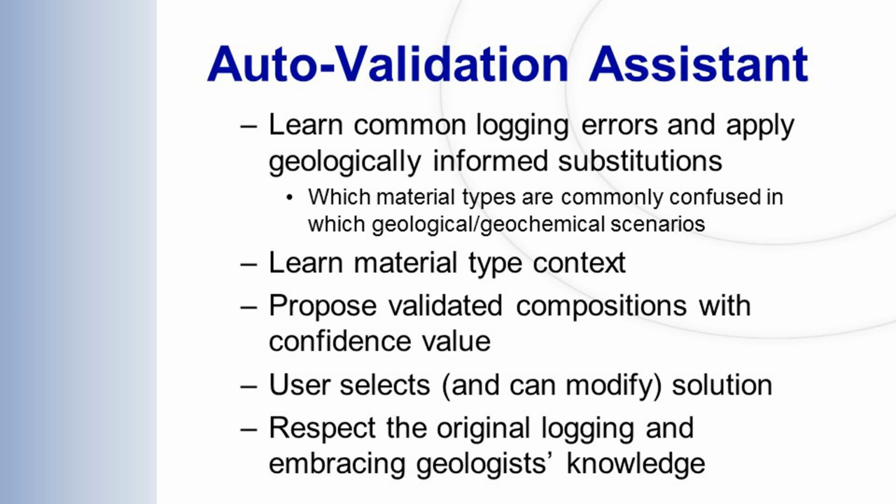The confidence value basically ranks the different compositions based on the chemical match to the lab assays and also the similarity to the physical properties, and how well that combination of material types makes sense geologically, both with the set of material types in that combination and the stratigraphy in which the material was logged.